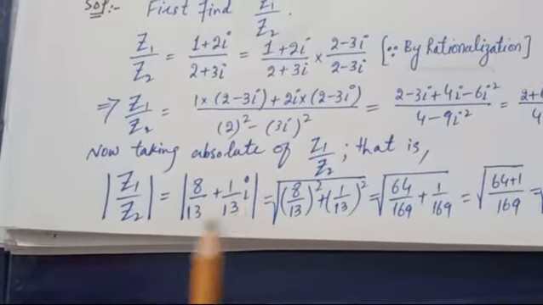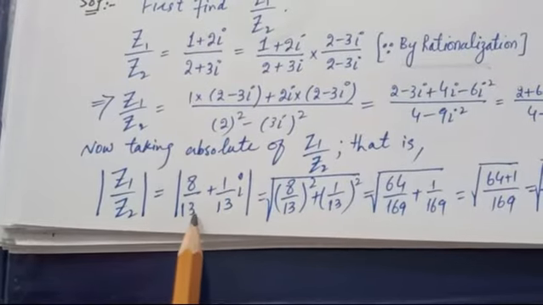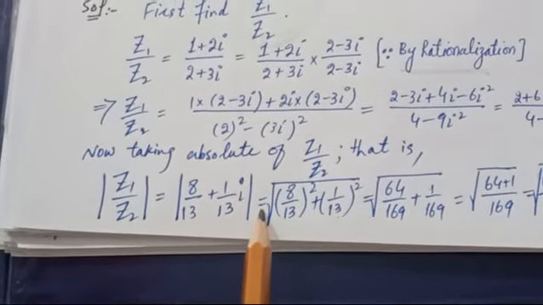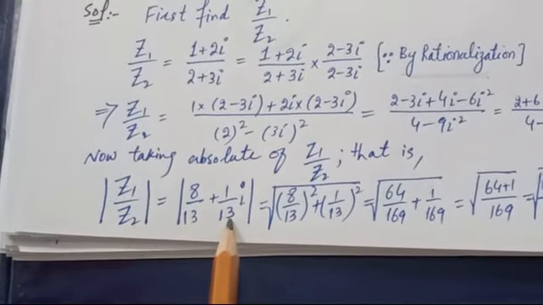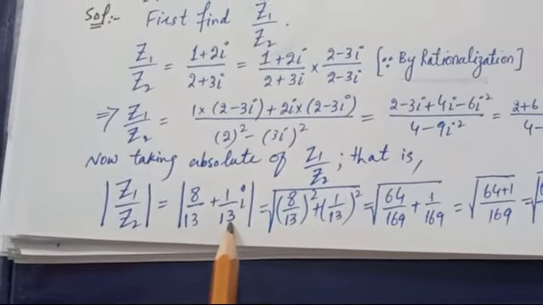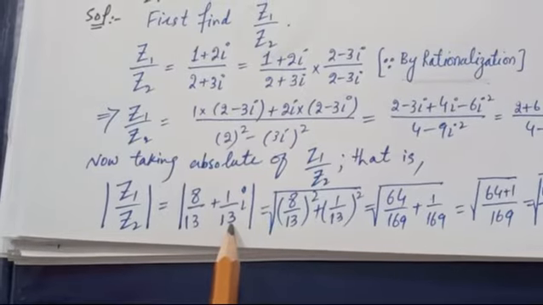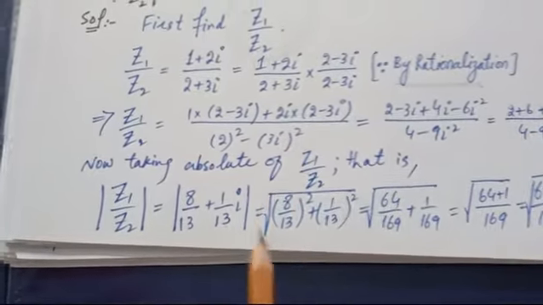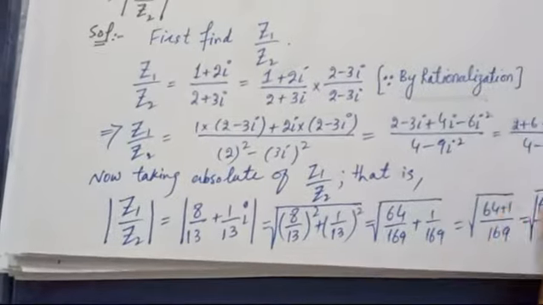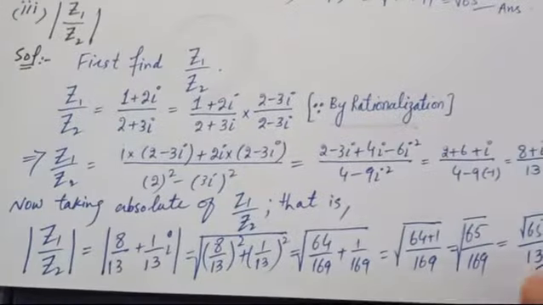Now the division of two complex numbers gives you the complex number 8 by 13 plus 1 by 13 iota. So now the value of a is 8 by 13, the value of b is 1 by 13. According to the formula, absolute is equal to the principal square root of a square plus b square. Just simplify, you will get the answer. Absolute will always be a positive number, remember that.